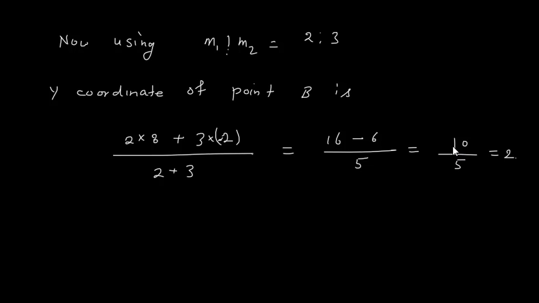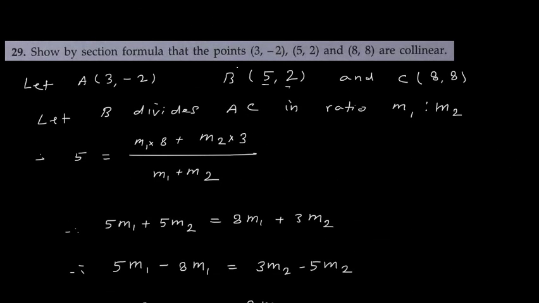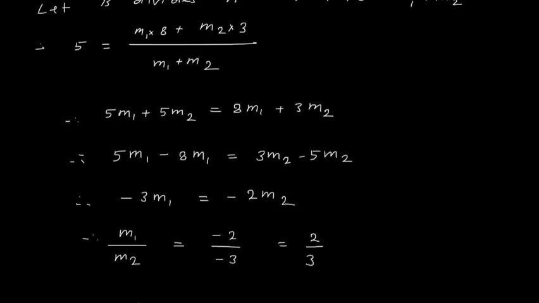So therefore I will say that points A, B and C are collinear. Okay, you understood? If the ratio M1 M2 which I get by considering B as a point on AC, then if that ratio M1 M2 satisfies this y coordinate also, then points ABC are collinear. So here the points ABC are collinear.